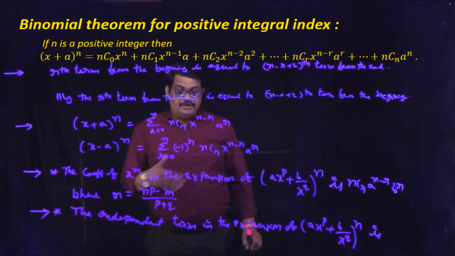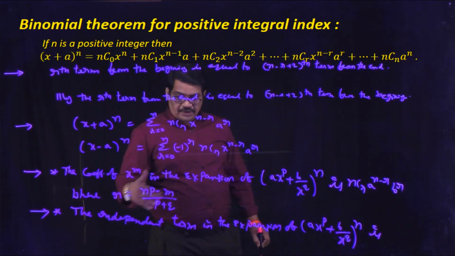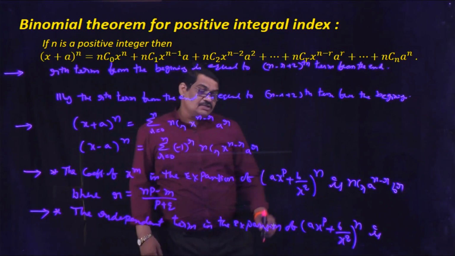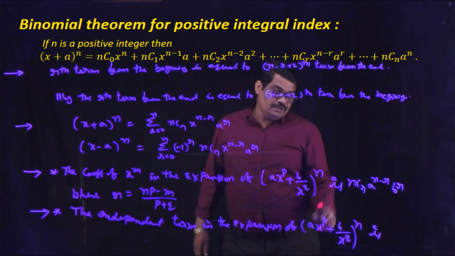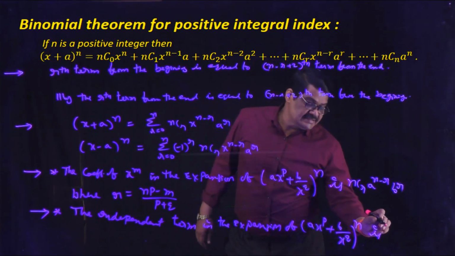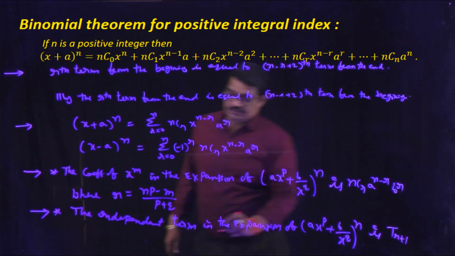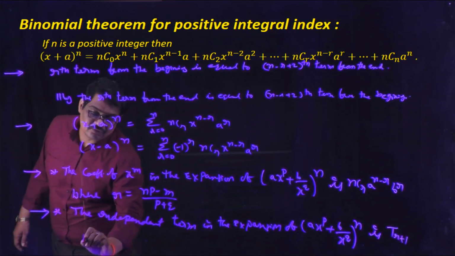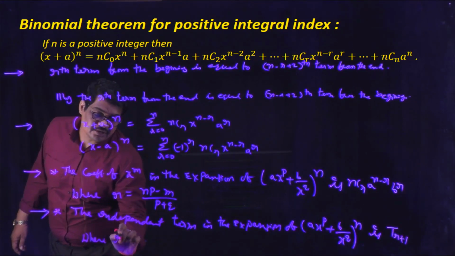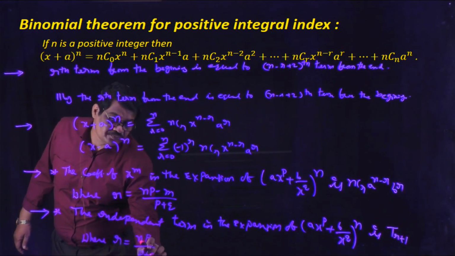The term independent of x in the expansion is T(r plus 1), where r is equal to np by (p plus q).